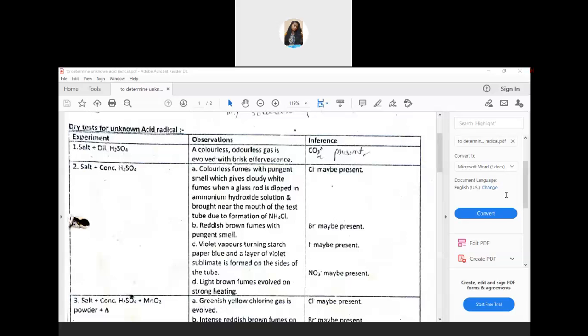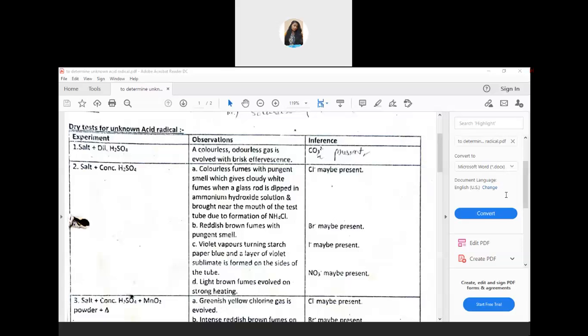There are many salts in chemistry; you can search on Google to see how many. One salt will be provided to you, and you have to determine what acid radical is present in it. First you have to do the dry test for the acid radical. Next you have to do the wet test.